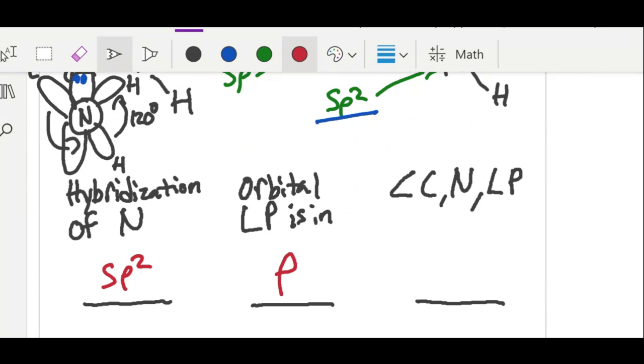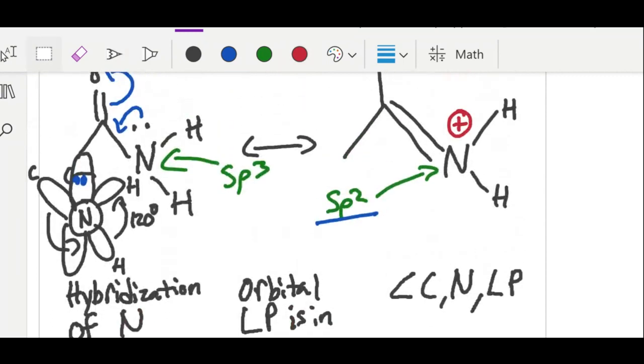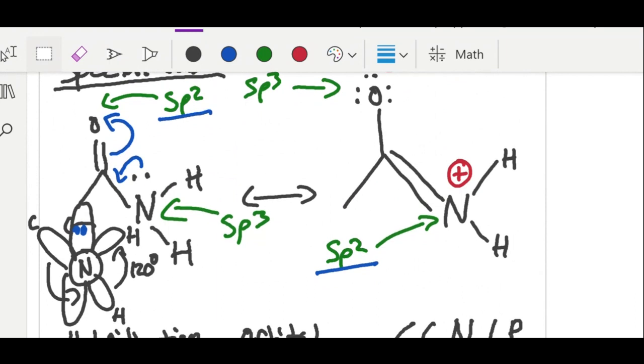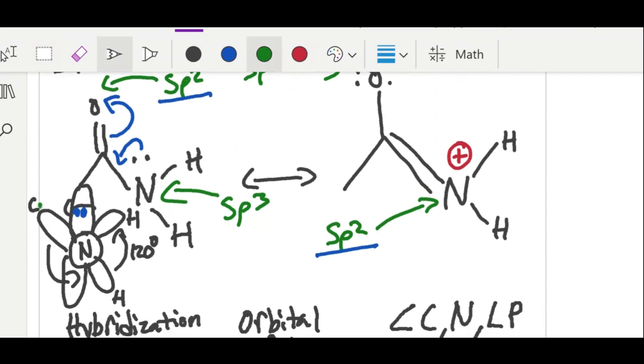All right, so now the tricky part, and I kind of already explained the answer to this next question, but the tricky part is visualizing the bond angle between carbon 1, nitrogen 1, and the lone pair. So let's go back to our pen metaphor. Imagine nitrogen as a pen.